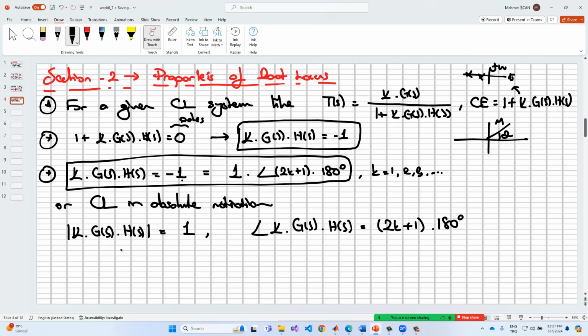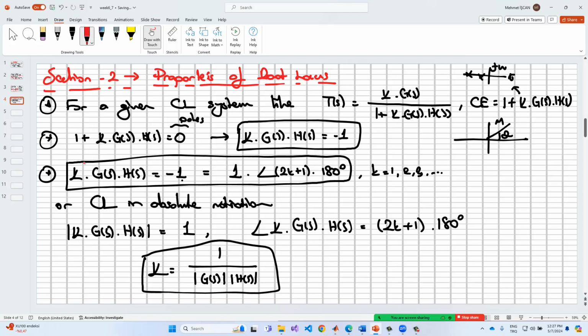This yields us this general solution, 1 divided by G(s) and H(s). This is the absolute value of the generation of k, and so the other terms are in here, just like this one.